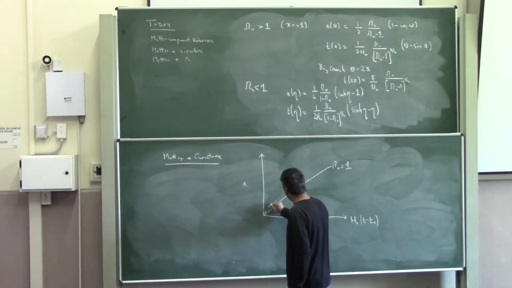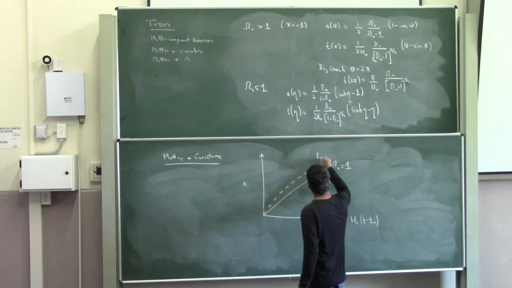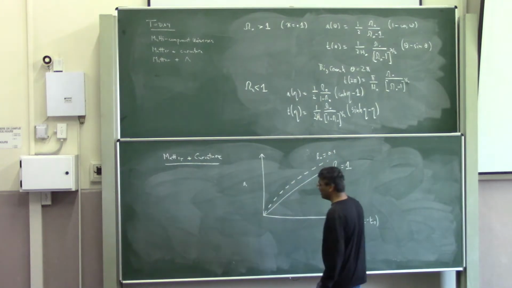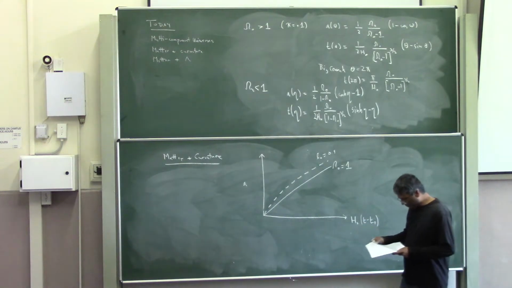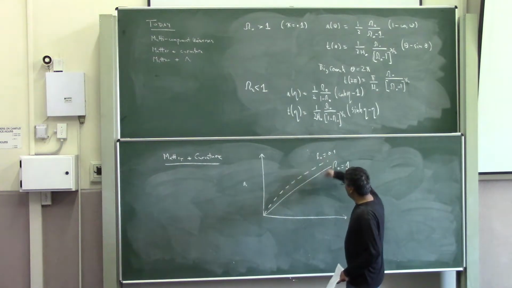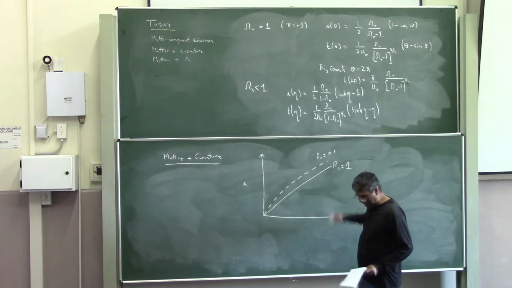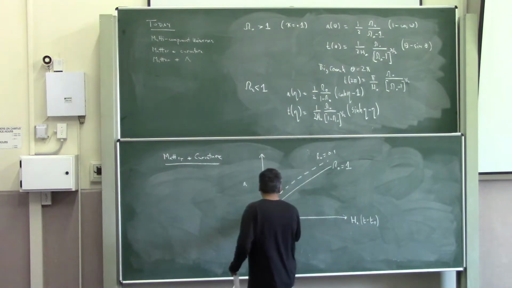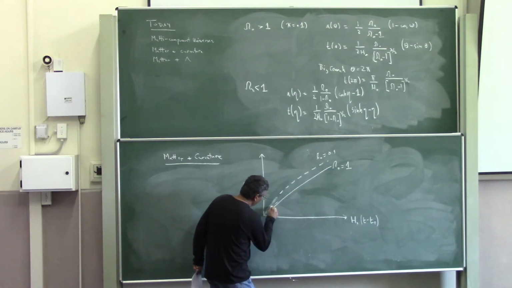Up here, omega 0 would be say 0.9. It looks something like that. It keeps expanding as well. The scale factor at late times increases faster than the scale factor in a flat universe. But these are very close to each other at early times.